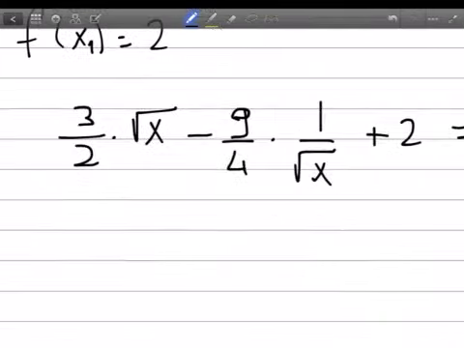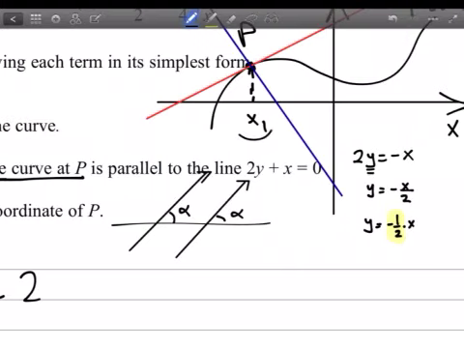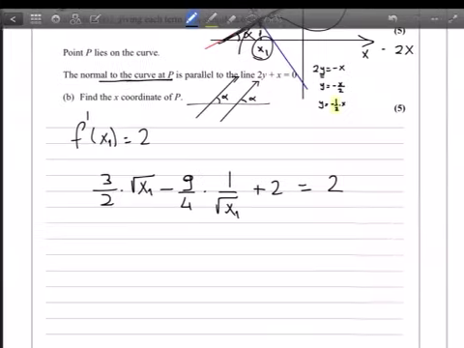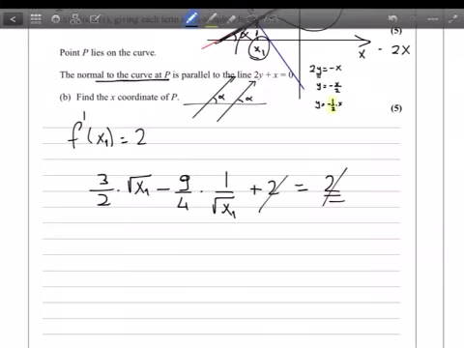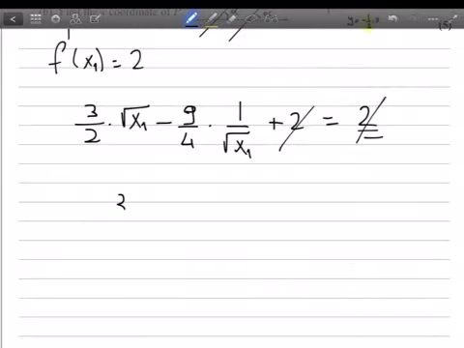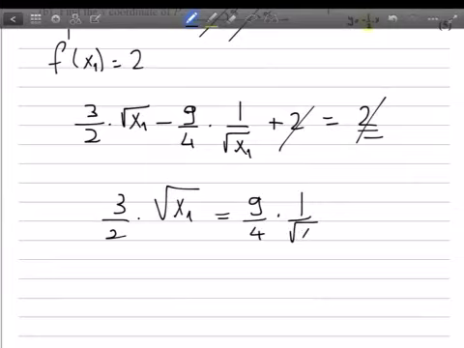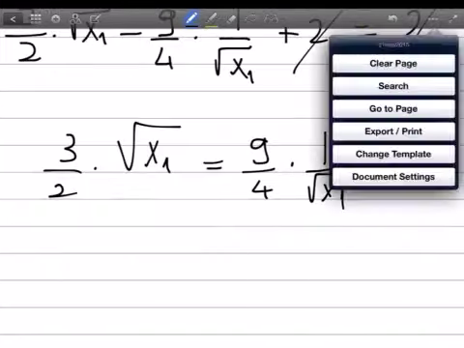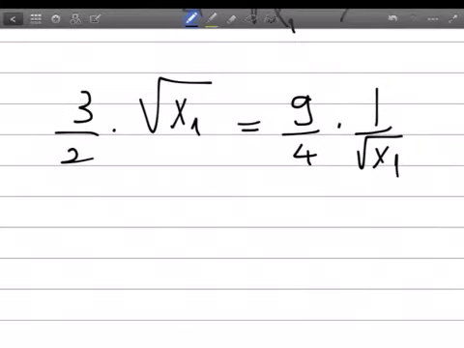We just put the value x1 in. We will find the slope as 2. These 2's cancel, and 3 over 2 times the square root of x1 should be equal to 9 over 4 times 1 over the square root of x1. We have cancellation here.